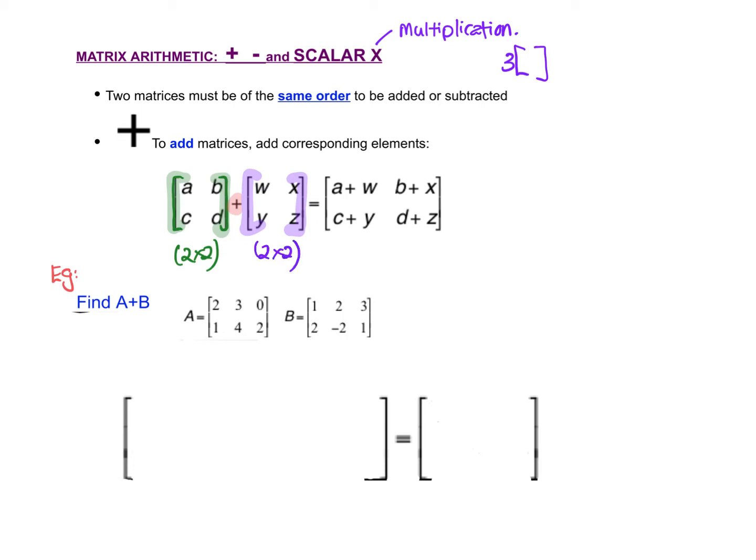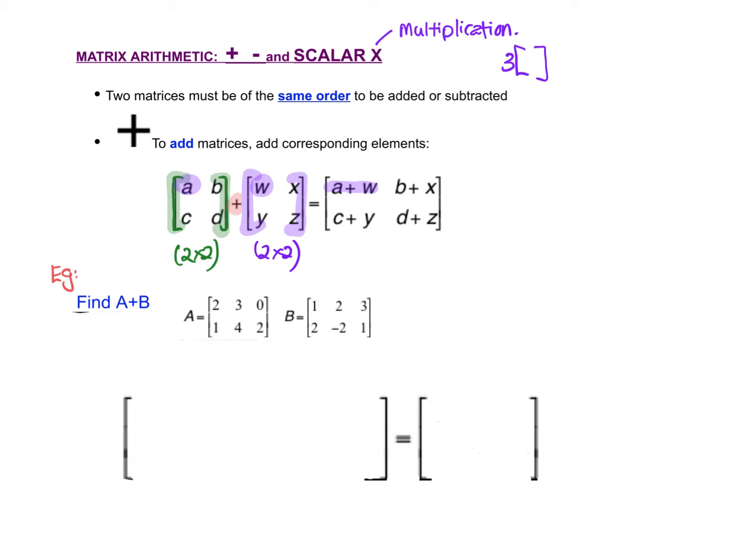Good. So when you add matrices, they have to be the same order. And the reason is because this spot is going to get added with the same spot in the other one. So therefore the answer would become whatever they are if you add them together. So that's why they have to be the same.